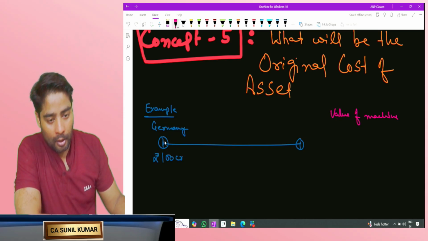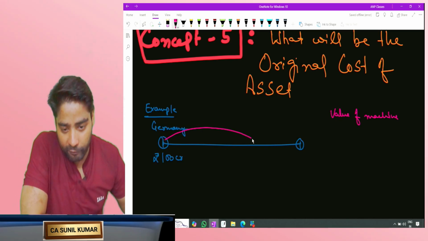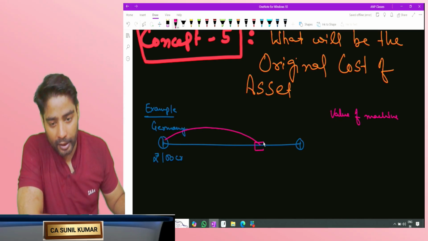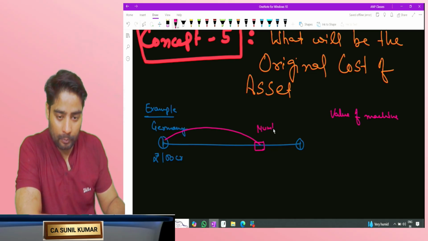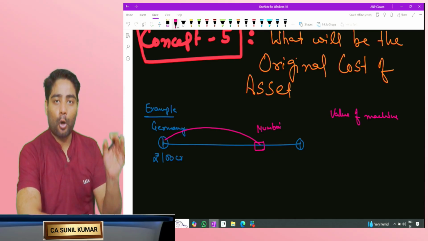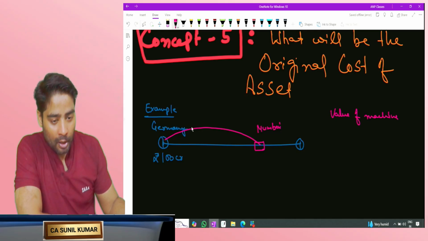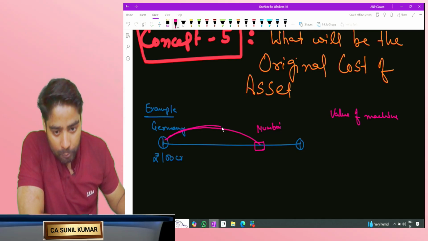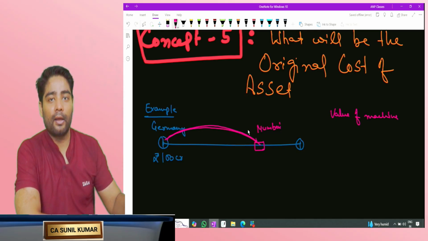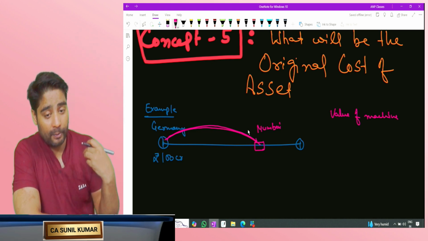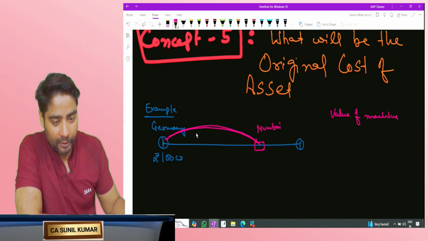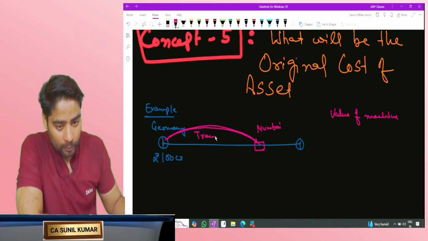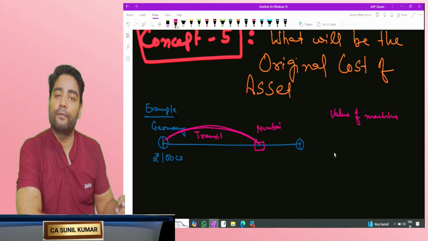Now, from Germany, it will travel and come to me in, let's suppose, Mumbai. I will install this machine in Mumbai. So when it comes from Germany to Mumbai, will there be any other expenses or not? Yes, sir. There will be transit expenses or conveyance expenses.